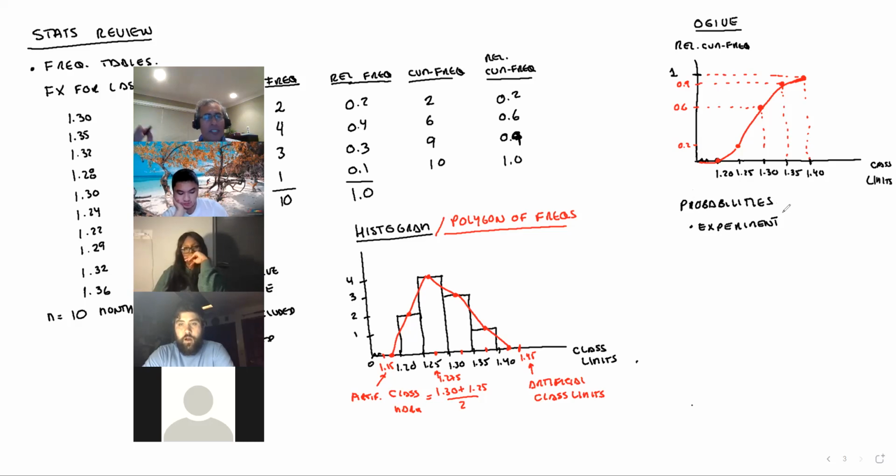An experiment is something that you try to do or test, for example, what are the exchange rates during this period of time. This is my experiment. Experiments have something called a sample space, that is simply all possible results of an experiment.